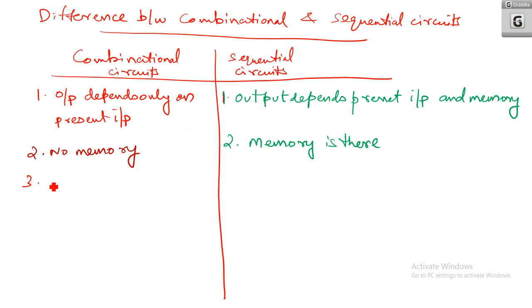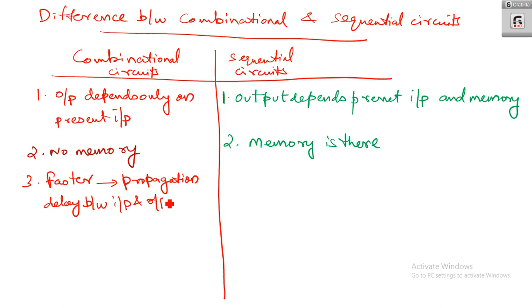So the third one is, in combinational circuit it is a bit faster because the propagation delay between input and output depends on the gates used in the circuit.